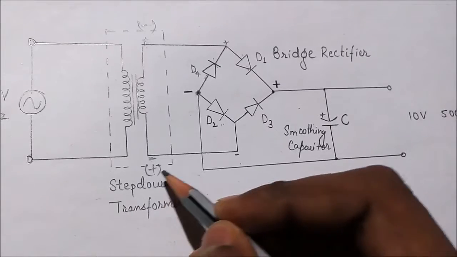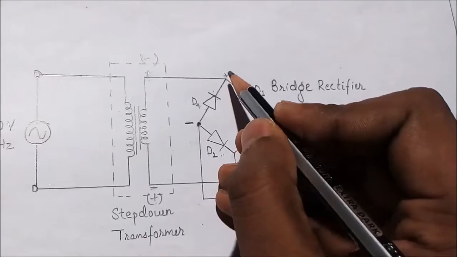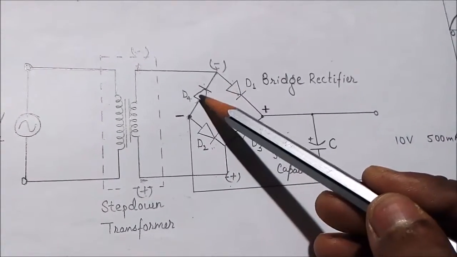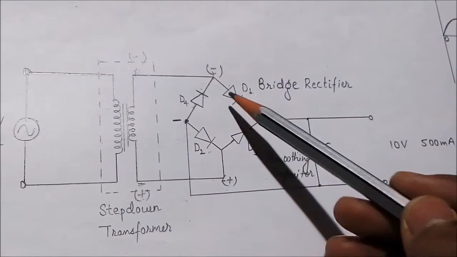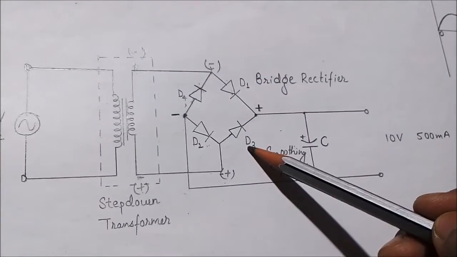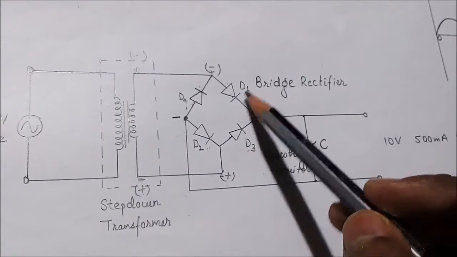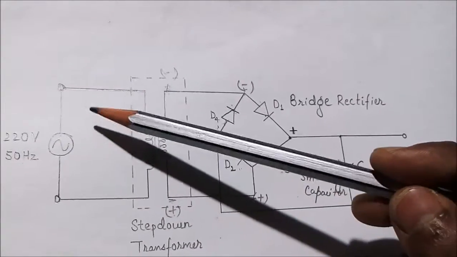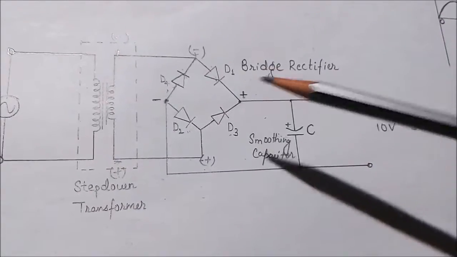When this happens, the diodes D4 and D3 will be forward biased and diodes D1 and D2 will be reverse biased. By this we can easily transform the AC signal into a DC signal with the help of the bridge rectifier.